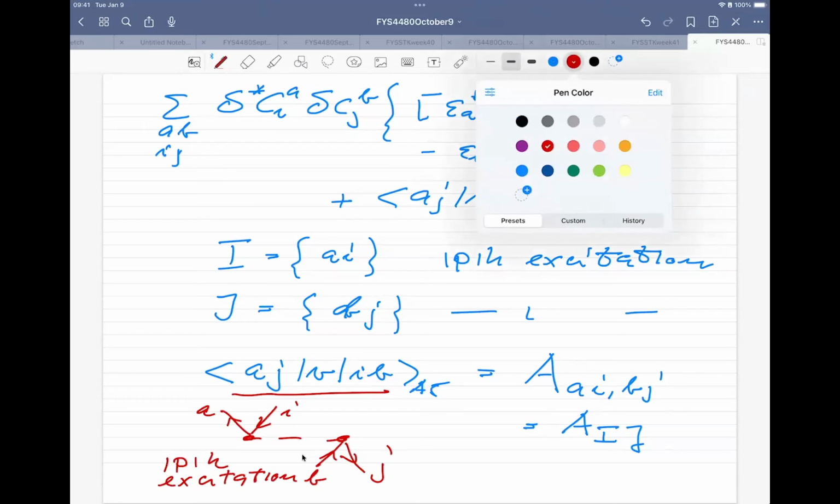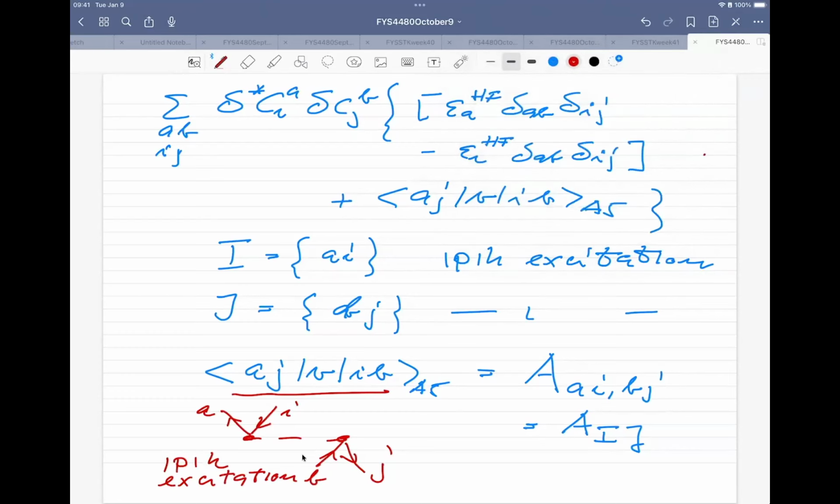The way you can think of it is that at an initial time, you destroy a particle hole pair here, and then you create a new particle hole pair. So you had a particle hole pair, and then you get a new particle hole pair. This is a way to interpret that specific contribution. So this is how we're going to rewrite that term. And that means also, if we now look at the notation we have introduced, I'm going to write this term CIA just as a delta CI.